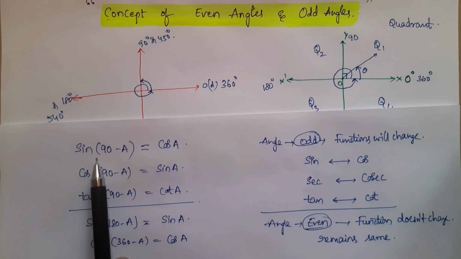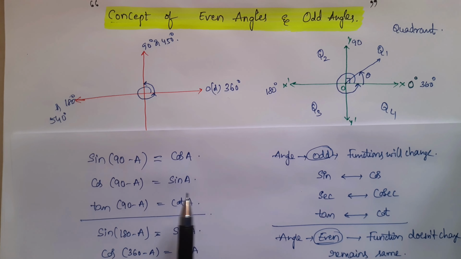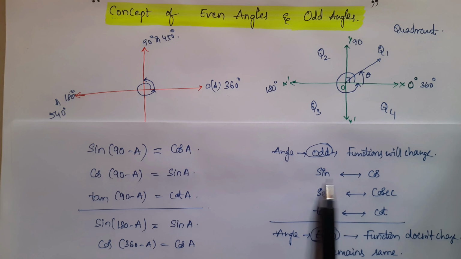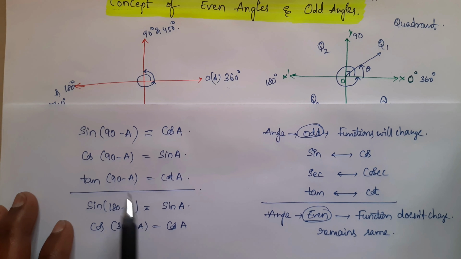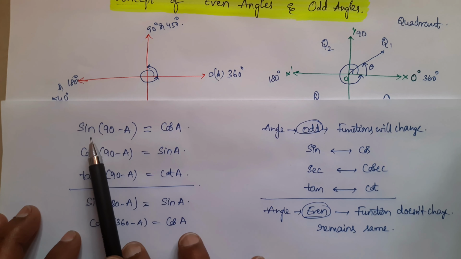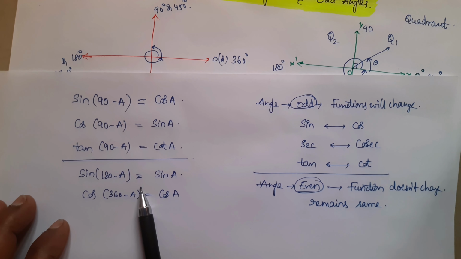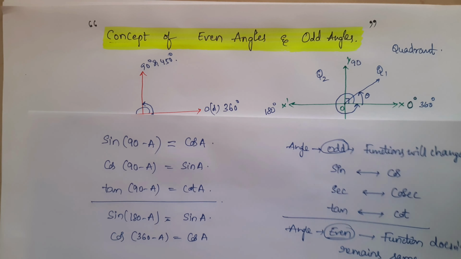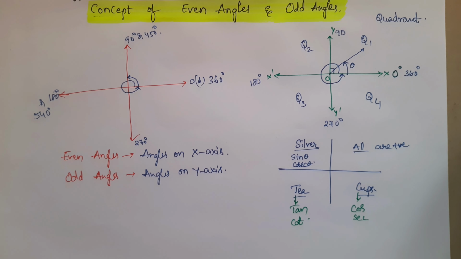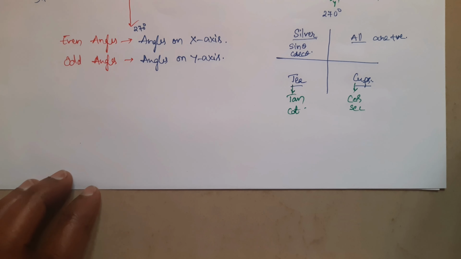Next, when we have odd angles, it may be 90 degrees, or 270 degrees, or 450 degrees, it will change like this. Hope you understand. Now after changing functions like sine to cos, cos to sine, tan to cot, and similarly when the function does not change, what about the signs? When it comes to signs, it depends on the all-sin-tan-cos rule. See this one carefully.